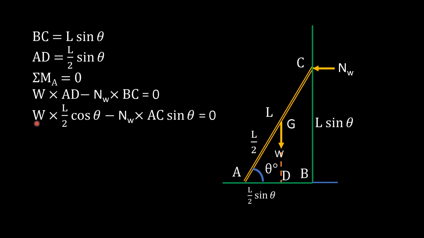So that will be W multiplied by L by 2 cos theta, where AD is L by 2 cos theta, and BC is AC sin theta.